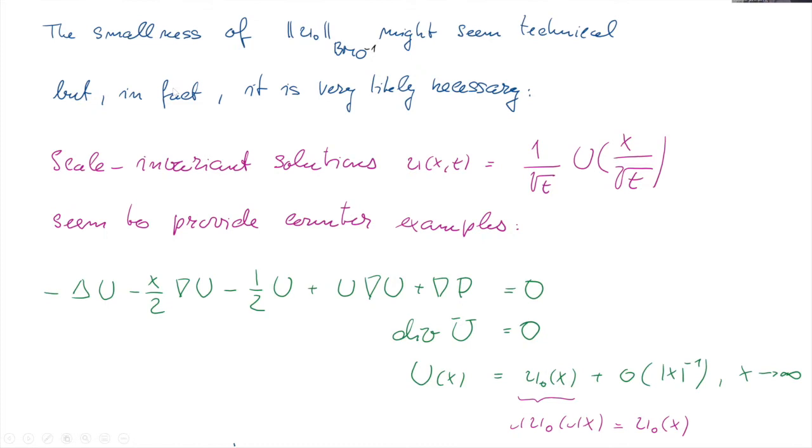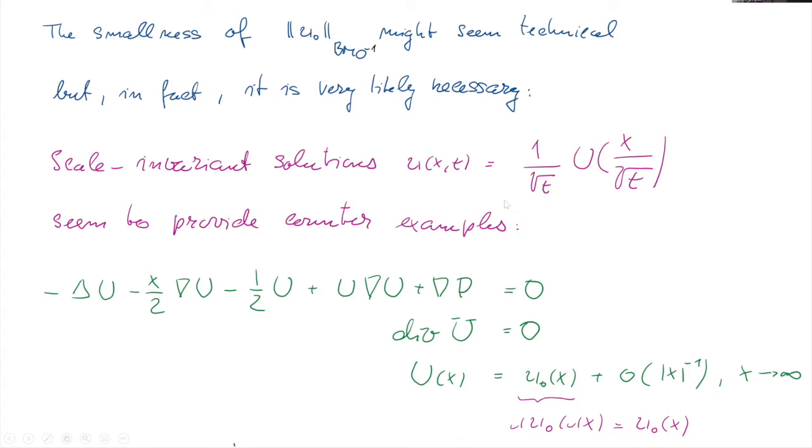So first, one might think that the smallness condition might be a technical thing coming from the perturbation method, which is used in the proof. But in fact, the smallness is very likely necessary, and one can see it by looking at scale invariant solutions of this form.